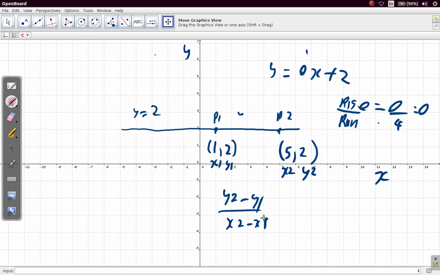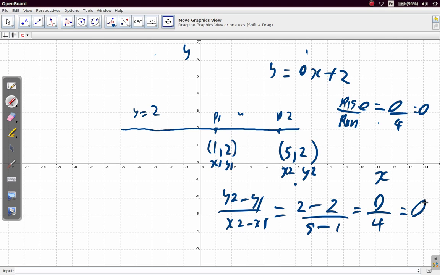But I personally just like to start with 2, but whichever your preference is. y2 minus y1: y2 is 2 minus y1, which is 2, over x2 is 5 minus x1, which is 1. 2 minus 2 is 0 divided by 5 minus 1 is 4. 0 divided by 4 is 0. So again, you have a gradient of 0.